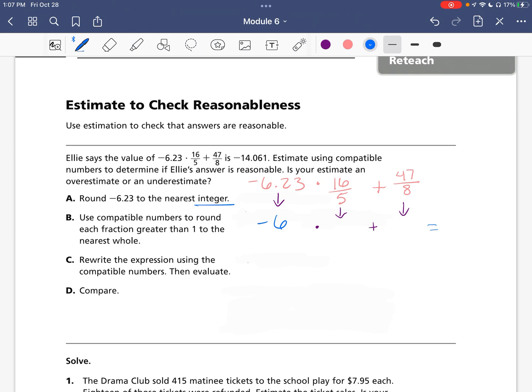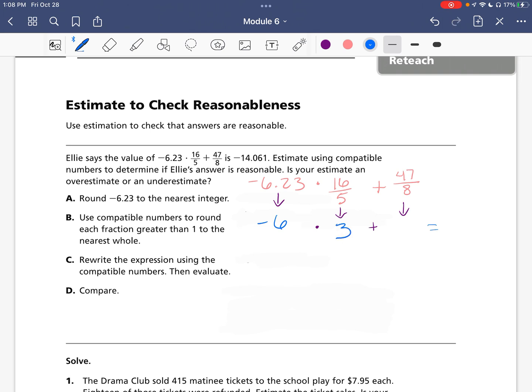So here we have 16 fifths. That would be 3 1/5, so we can round that to 3.